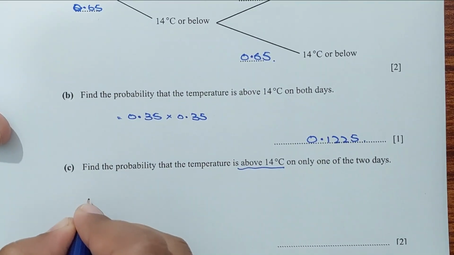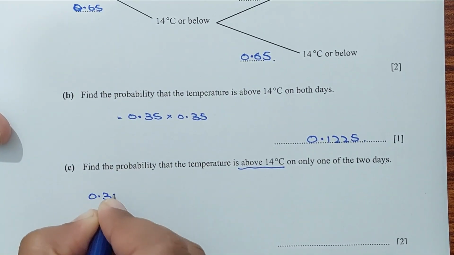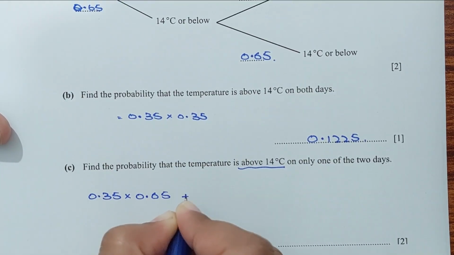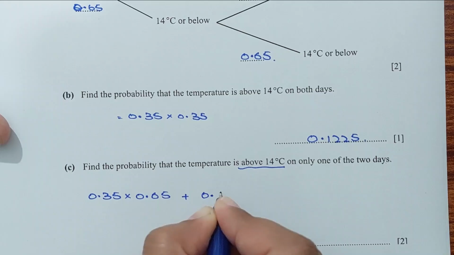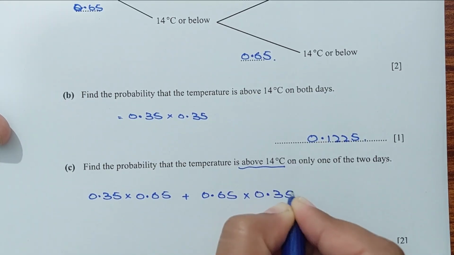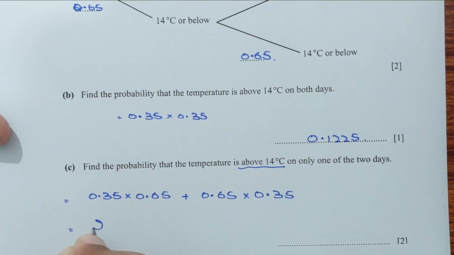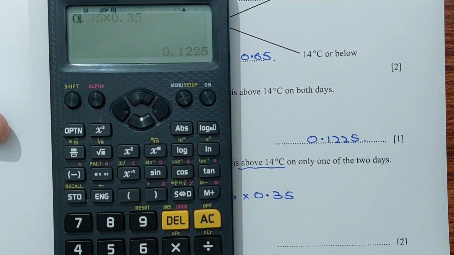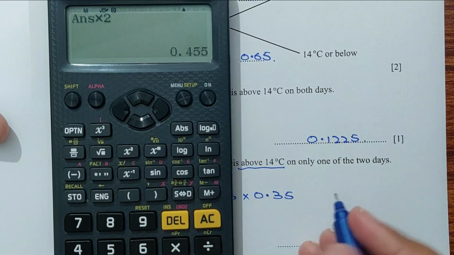On the first day we have above 14 and on the second day below 14, or the first day is below 14 and the second day is above 14. So this is 2 times the product of 0.35 and 0.65. 0.35 times 0.65 times 2.